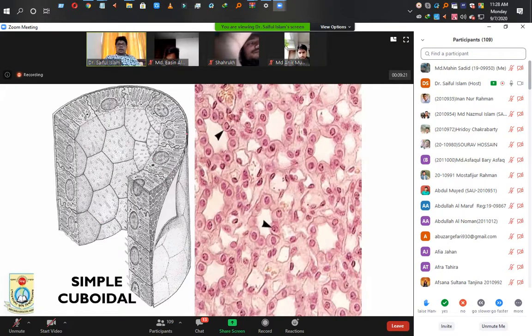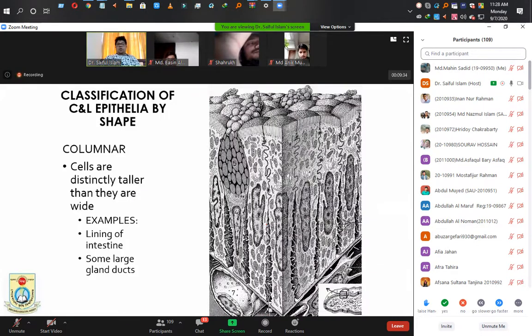So here is another high magnification under LM. The arrow shows the simple cuboidal. Now columnar. Look at the columnar shape. This picture is under the scanning electron microscope, the columnar epithelium.